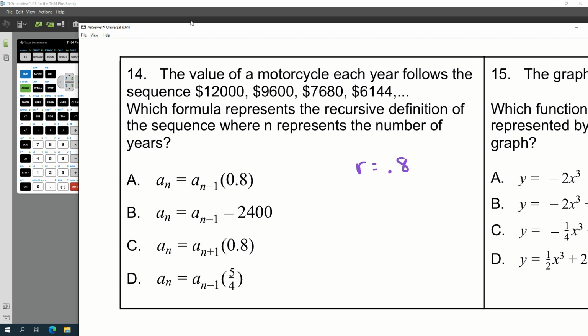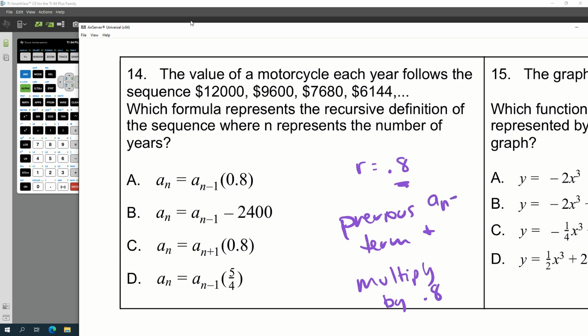Let me see if that happens again. Yes. So we're multiplying by 0.8 each time. So we're going to take the previous term and multiply by 0.8. And the previous term is a sub n minus 1. So that's going to be choice A.